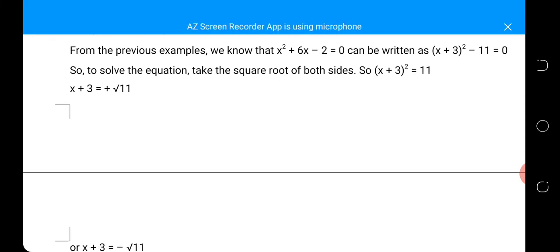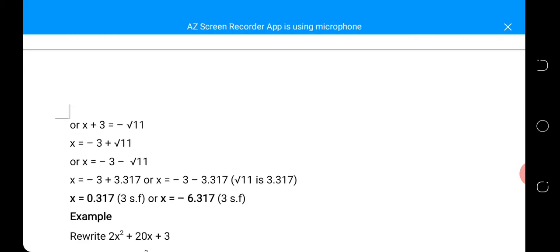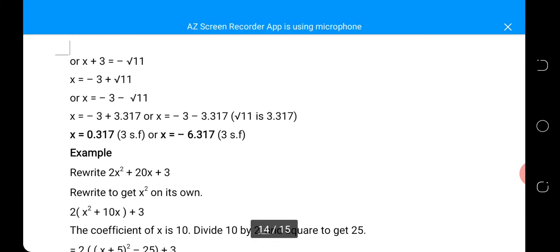Taking the square root of both sides, x plus 3 is equal to plus square root of 11, or x plus 3 is equal to minus square root of 11. So x is equal to minus 3 plus square root 11, or x is equal to minus 3 minus square root 11, when plus 3 is transferred to the other side.